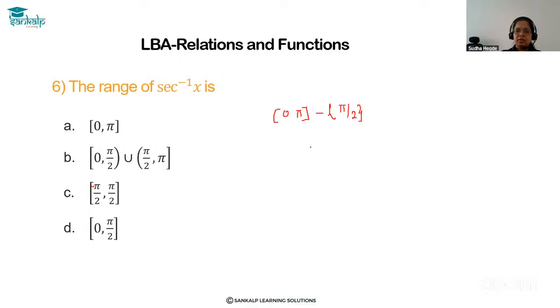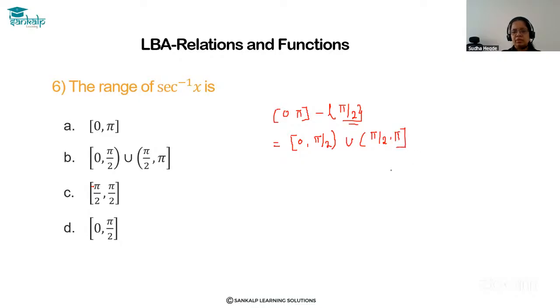How do you write? This option is not there. You can rearrange this as closed interval 0 to pi by 2. This side open, union, because you don't require pi by 2, so you have to take open, union, open pi by 2 to pi.